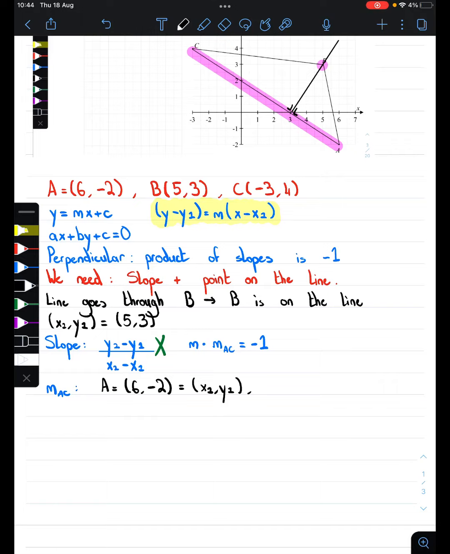And C equals (-3, 4), we'll let that be x2, y2.